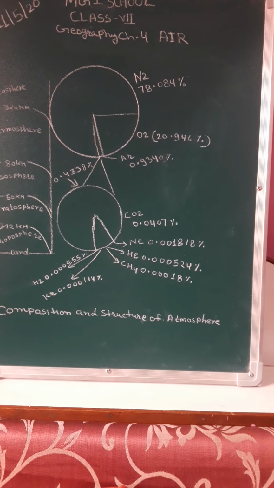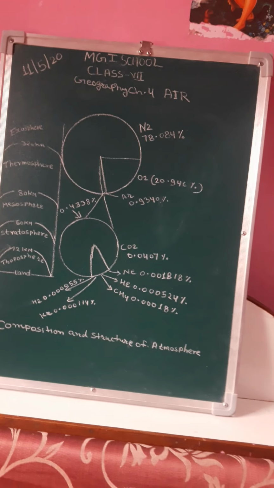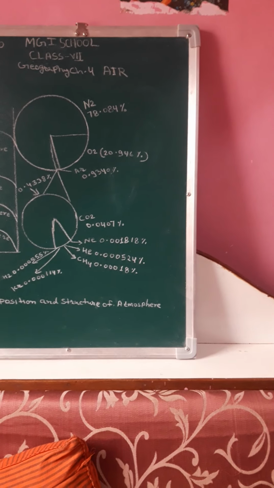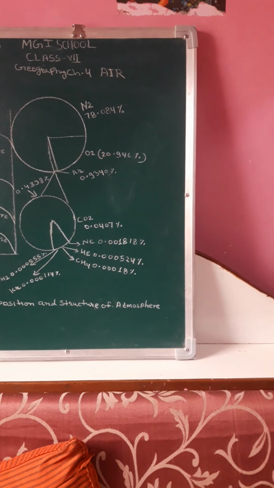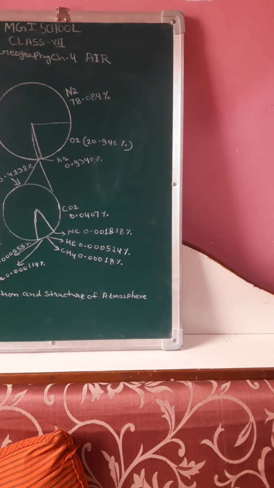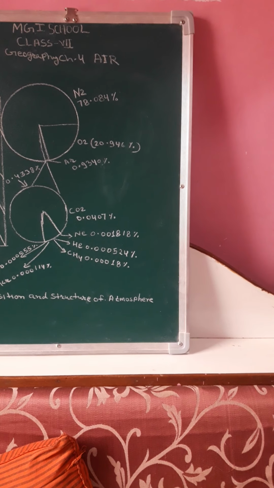Oxygen is the second most plentiful gas in the air, about 21% oxygen present in the atmosphere. Humans and animals take oxygen from the air as they breathe. During photosynthesis, green plants produce oxygen. In this way, oxygen content in the air remains constant.